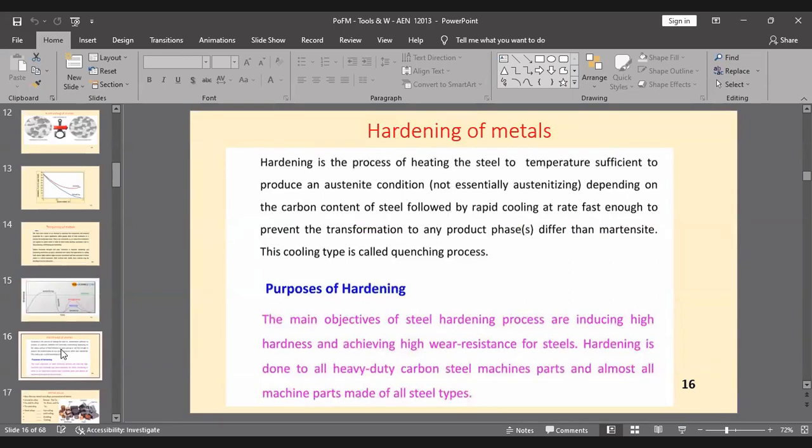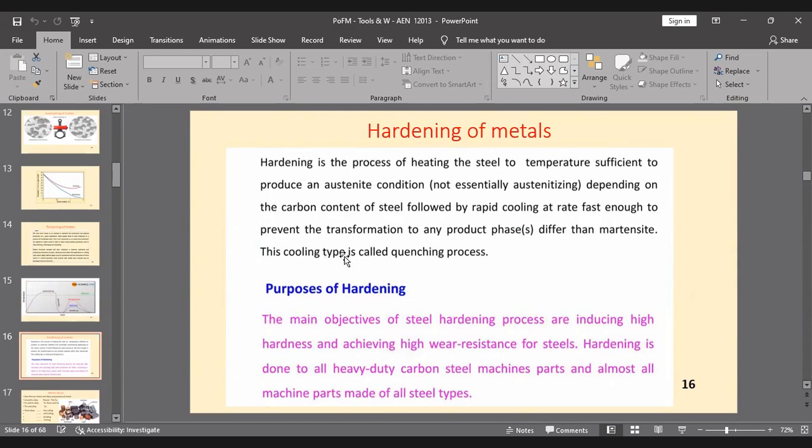Hardening is the process of heating the steel to a temperature sufficient to produce an austenite condition, depending on the carbon content of the steel, followed by rapid cooling at a rate fast enough to prevent the transformation to any product phases other than martensite.